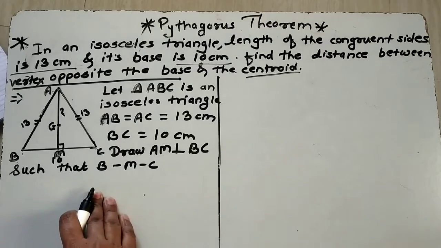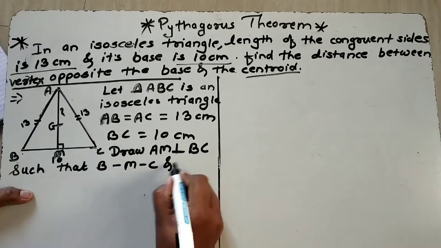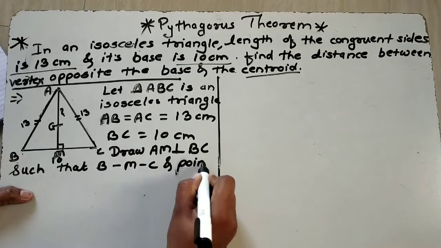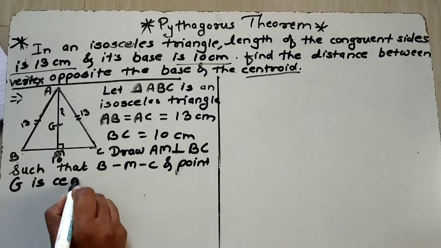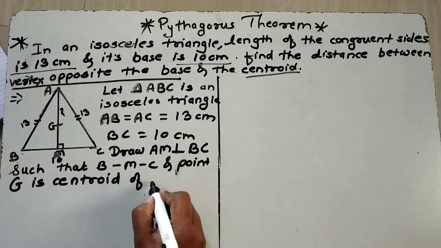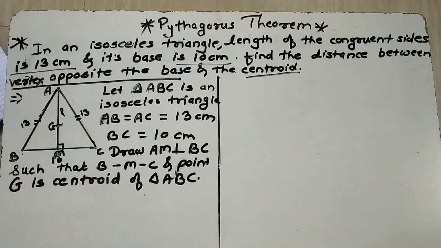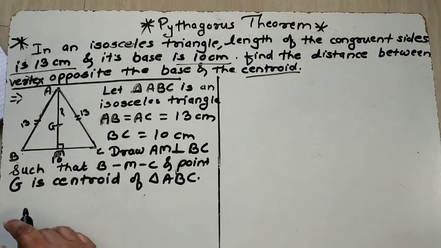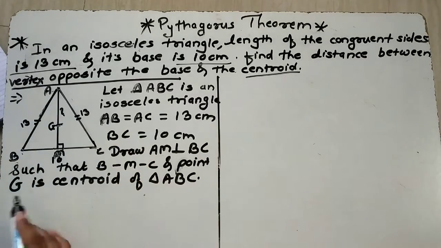And point G is the centroid of triangle ABC.